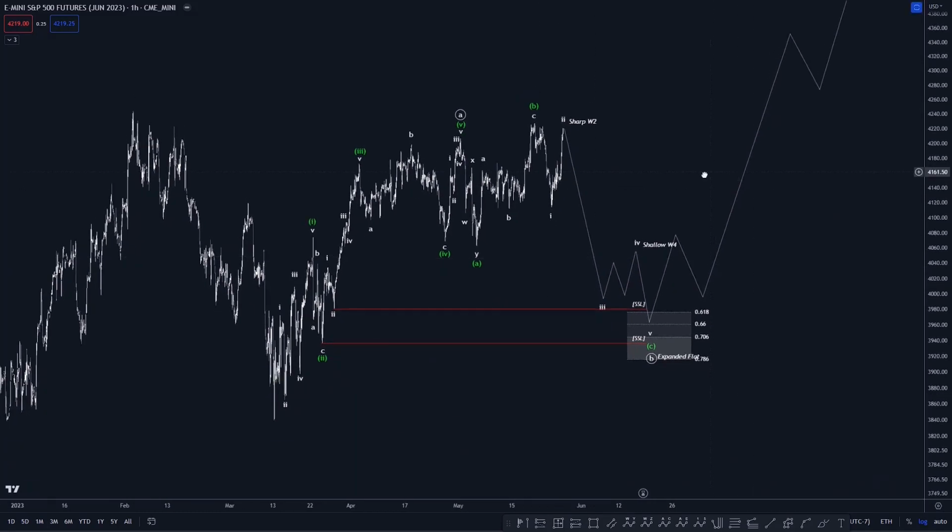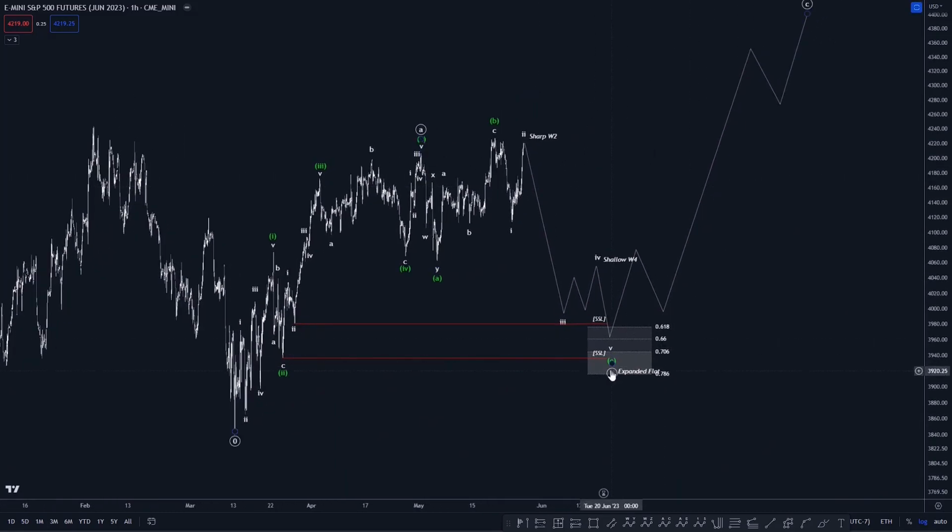The first way is that we still have yet to complete this B wave. Like I said, if we completed some type of running variation up here, it'd be a very shallow B wave. It's not impossible, it just doesn't seem very likely.